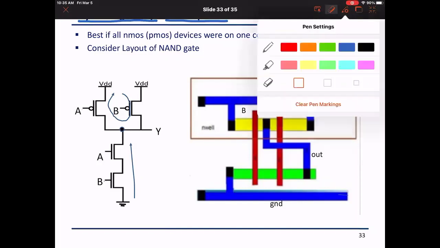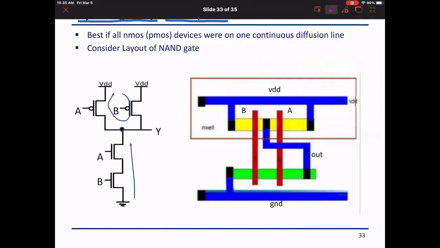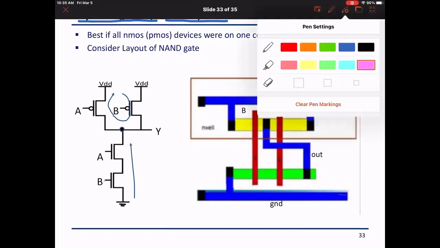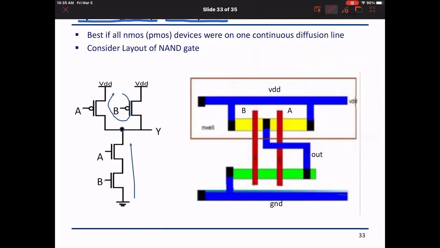So let us look at a NAND gate. What is the expression for the NAND? The expression for the NAND is Y equals (AB) bar, right? So we draw it as a stack of A and B in series in the NMOS, and in the PMOS they are in parallel.